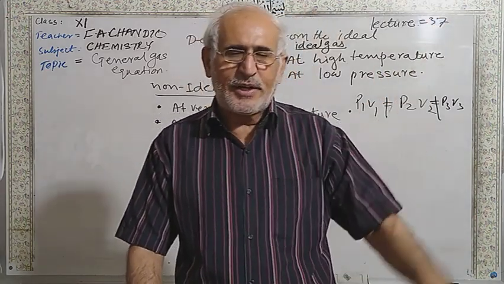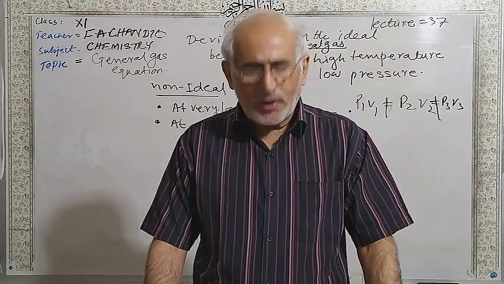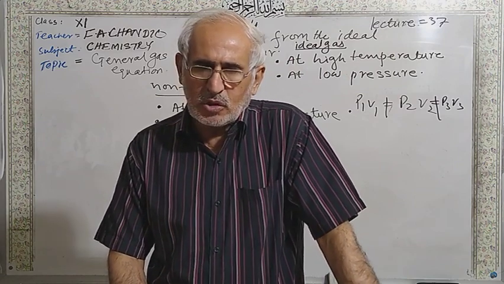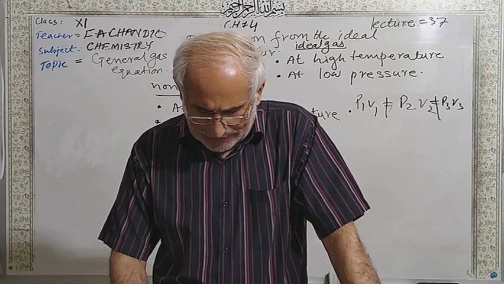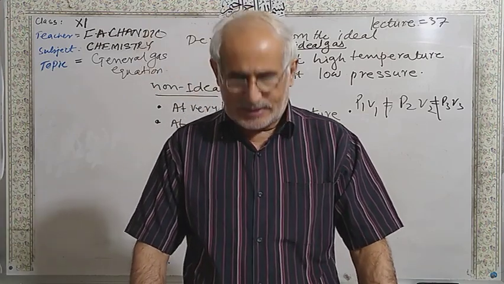If you visit the kinetic molecular theory of gases, the last two points: there are no attractive and repulsive forces present between the gas molecules, and the volume of a gas molecule is negligible as compared to the volume of the container. These two are the faulty points.